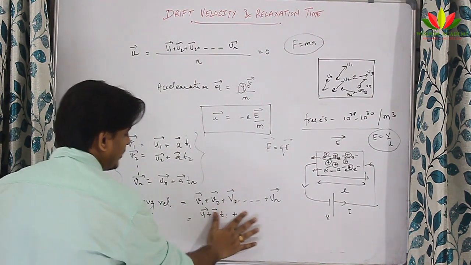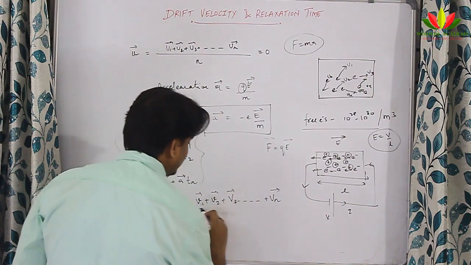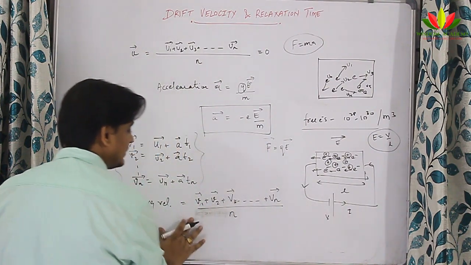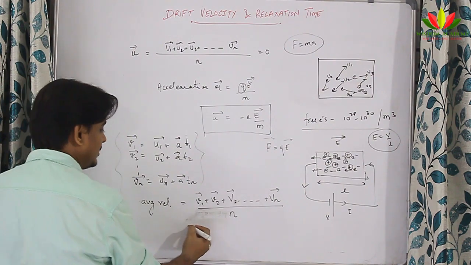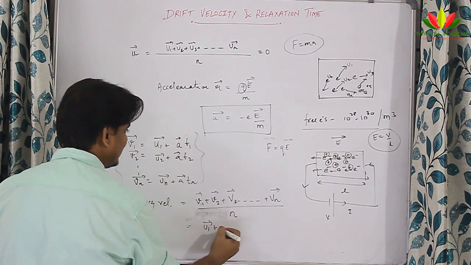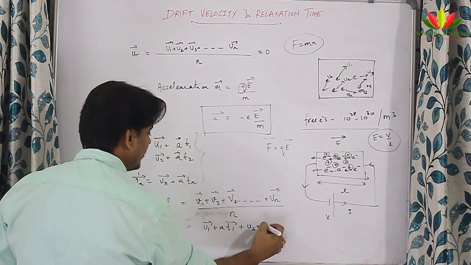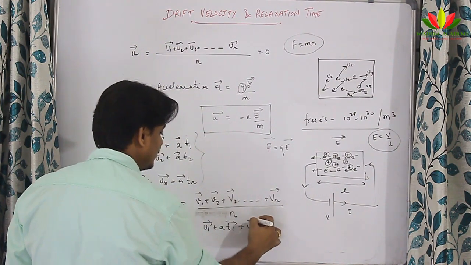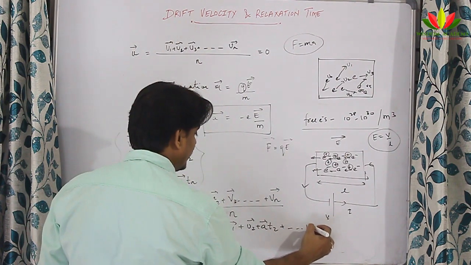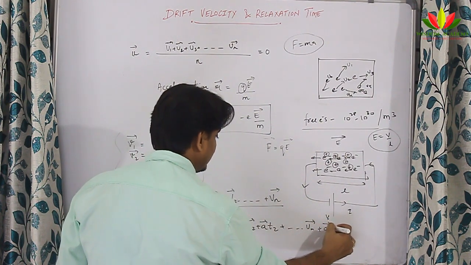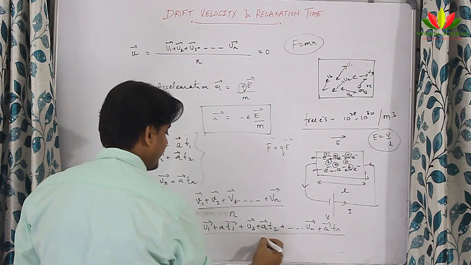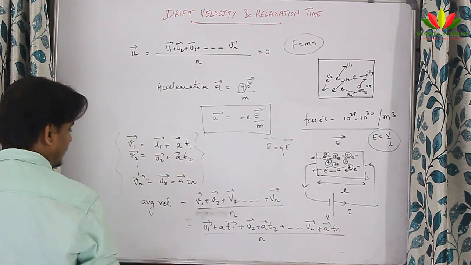If I am writing average velocity, then this will be this much divided by n, isn't it? So, when I put the values, it will become u1 plus a t1 plus u2 plus a t2, like that un plus a tn, divided by n. This is the average velocity.